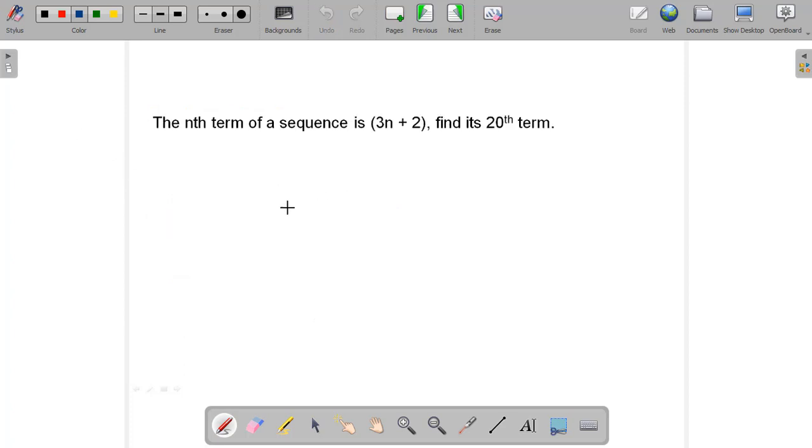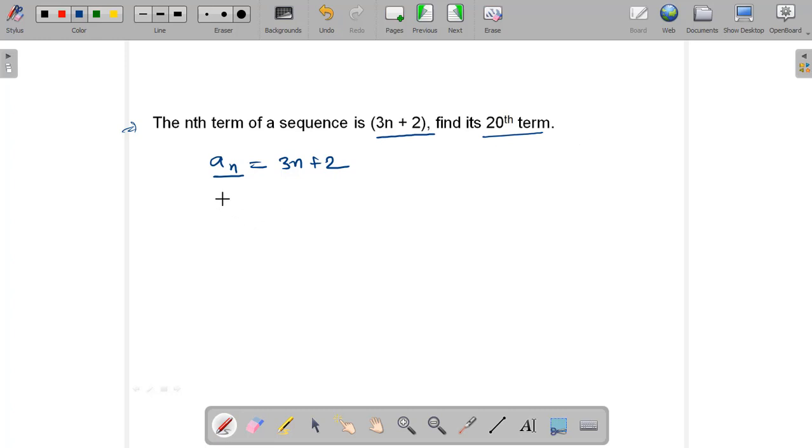Now we explain some problems of the series. Here we go. The question is, the nth term of the sequence is 3n plus 2. Find the 20th term. Okay. So the nth term of the sequence or series is 3n plus 2, so we can say an is equal to 3n plus 2. Right. Because an represents the nth term of a sequence or a series.